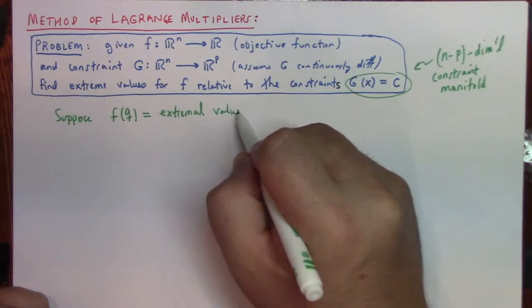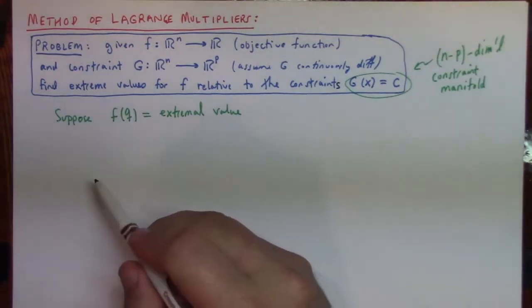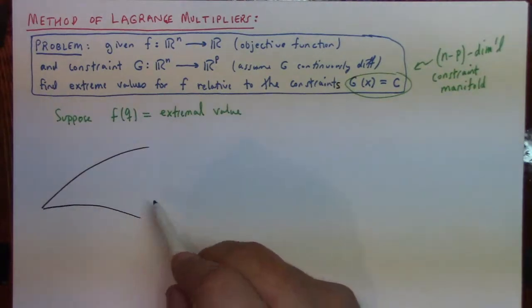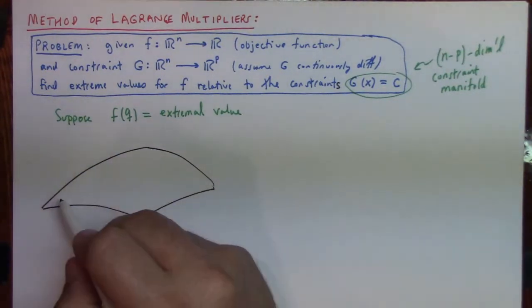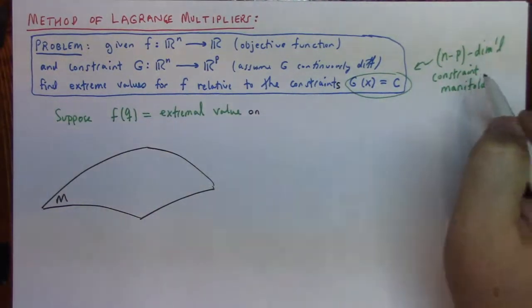Then we can draw a picture of this, a heuristic picture, but a picture nonetheless. I also suppose it's an extremal value on the constraint manifold, so suppose that this is the constraint manifold M.